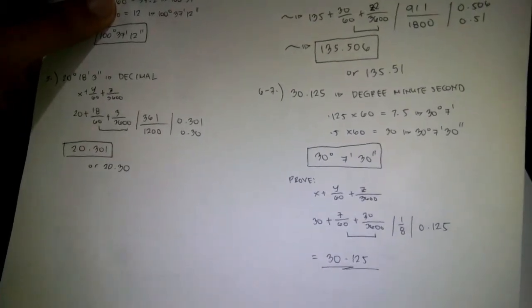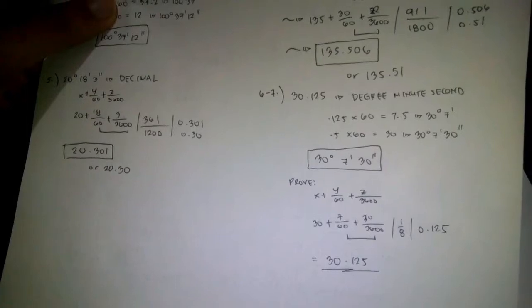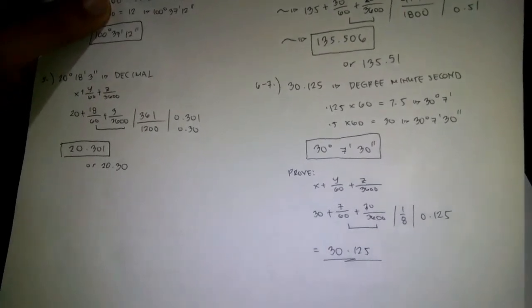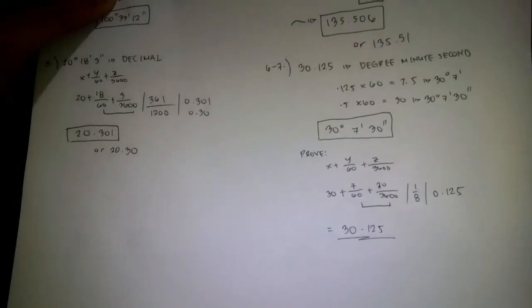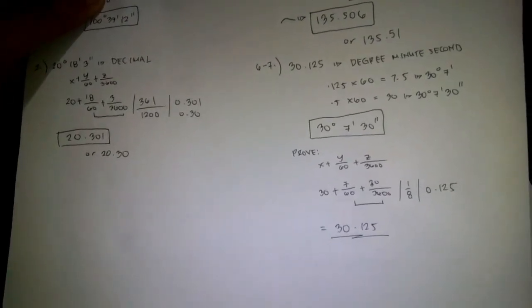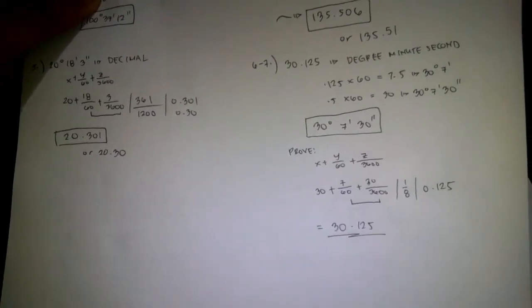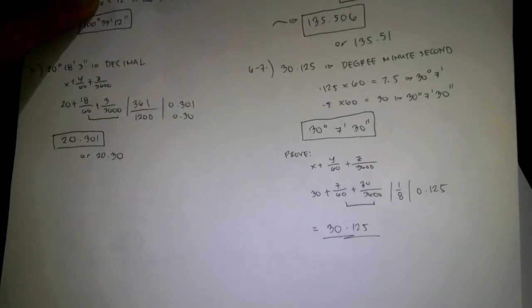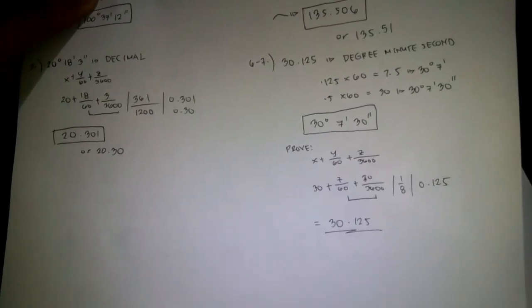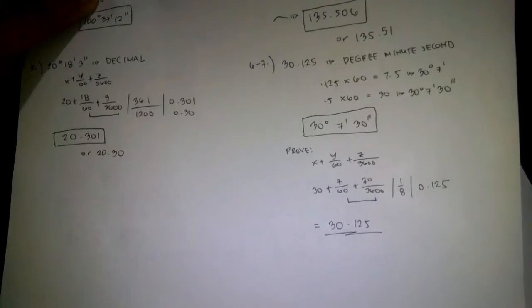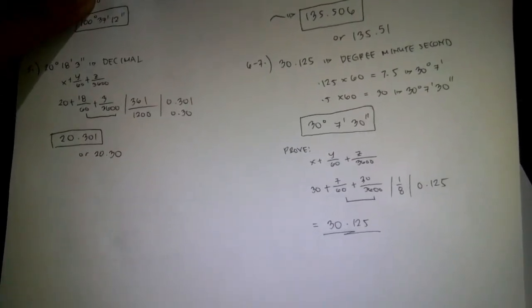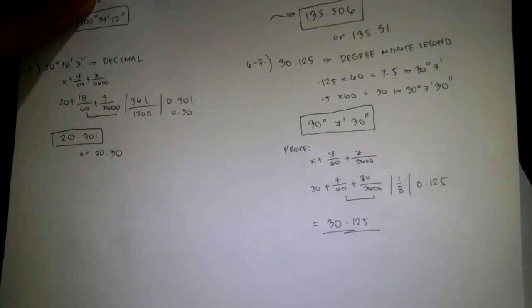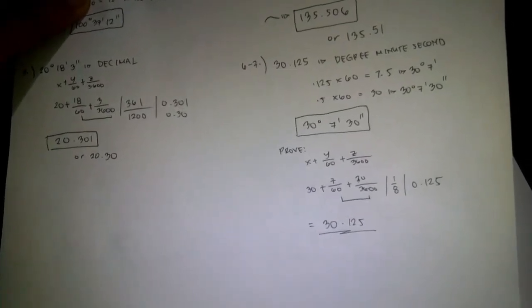You need to prove it by converting it, transforming it into decimal form again. Use the general formula. Substitute: 30 plus 7 over 60 plus 30 over 3600. Add the two fractions. The sum will be 1 over 8. Convert it to decimals, 0.125 thousandths or 0.13.